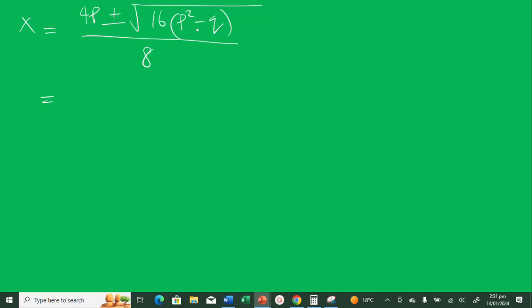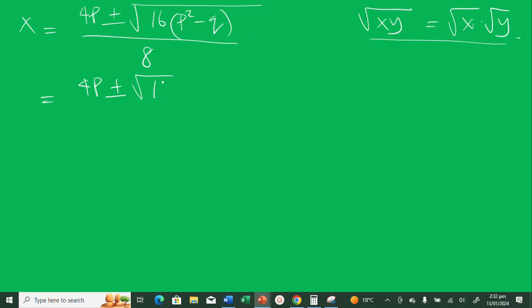Now this is the same thing as saying the square root of xy is equal to the square root of x times the square root of y. So we are going to apply that rule here.